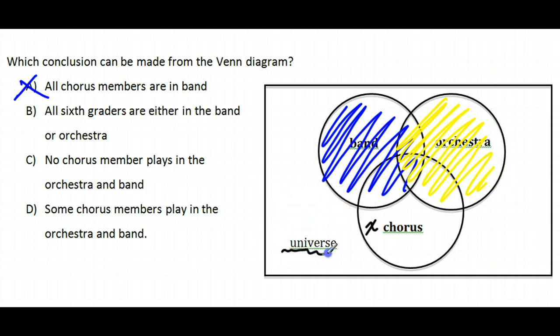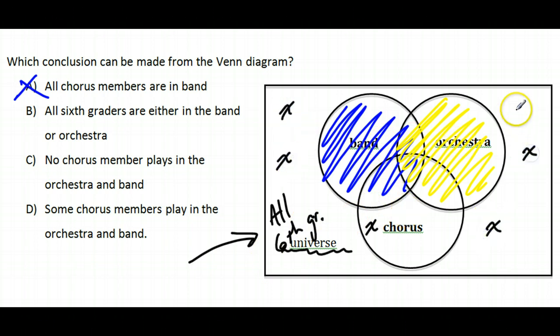The whole thing here is the universe. So inside this box would be all 6th graders. And not every sixth grader is in band, orchestra, or chorus. We have plenty of people that are out here not involved in any of those items. So are all sixth graders either in band or chorus, or band or orchestra? The answer is no.